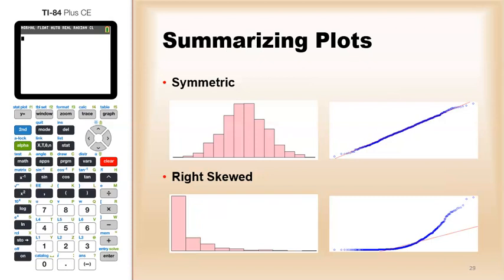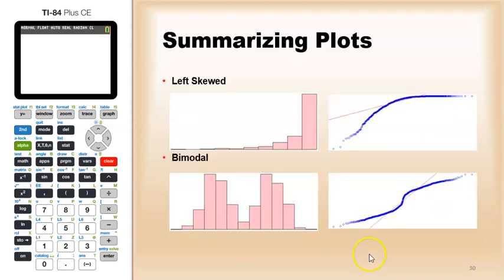So for some reference, here are some graphs and the probability plots to go with them. For symmetric unimodal graphs, the nicest kind, the probability plots will look like a straight line. If it's right skewed, like you see in this histogram, the probability plot will have a noticeable bend upward.